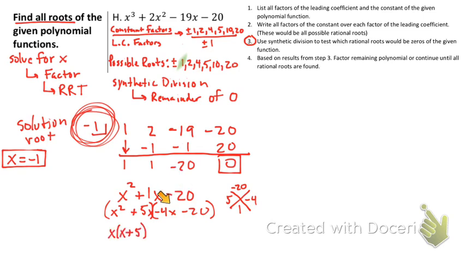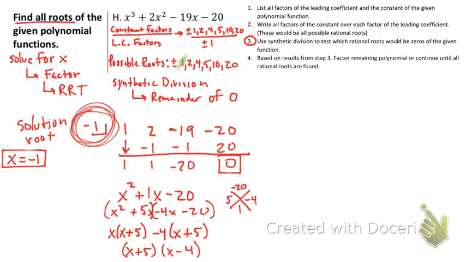My GCF here is going to be negative 4. So that's going to be negative 4, and that gives me x plus 5. Since these match, factor by grouping works. So my new factored form is x plus 5. Okay, that's taking these two and writing them down once, and then x minus 4 goes in its own.